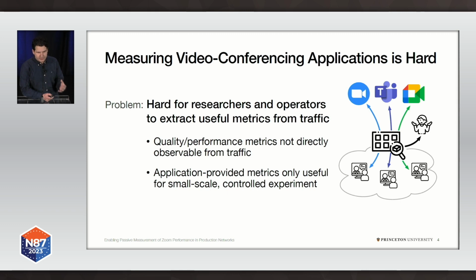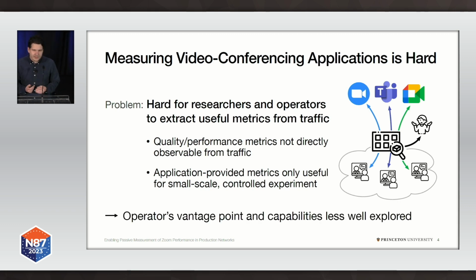For example, in Zoom, you have the statistics window in your Zoom client, but it's really only useful for small-scale or controlled experiments where you really have control over the end hosts and can perform end-to-end measurements. In general, we found that the operator's vantage point and their capabilities in measuring performance of video conferencing have just not been very well explored in the past.